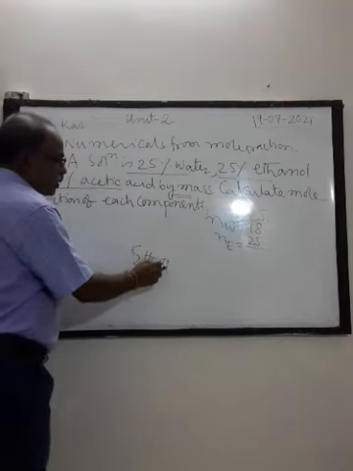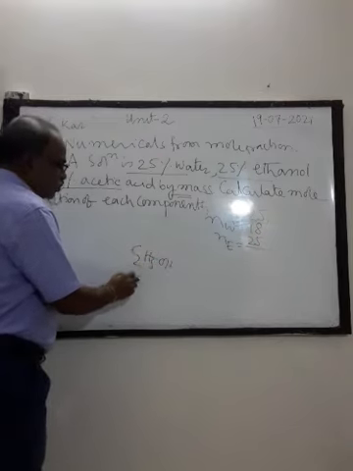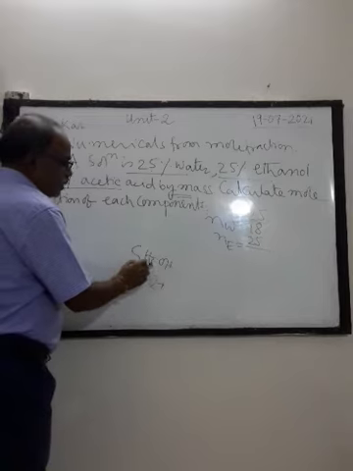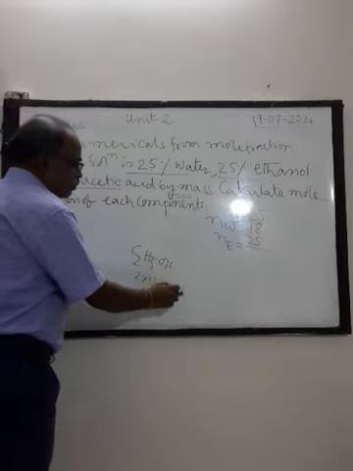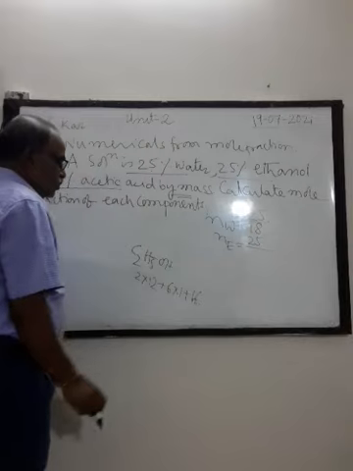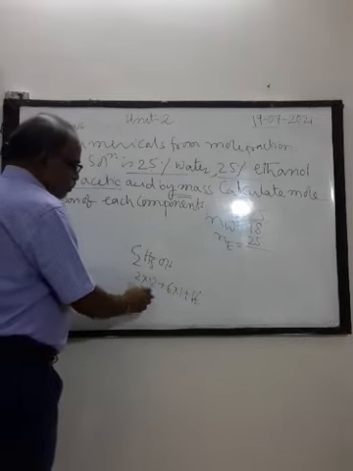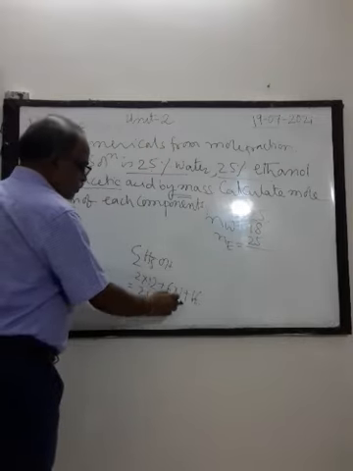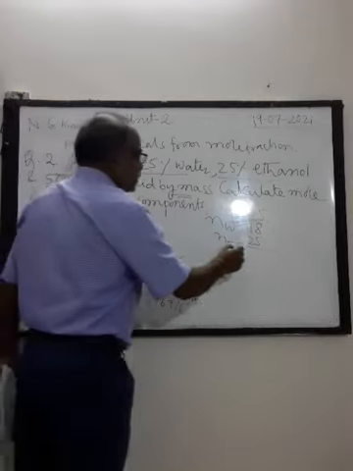This is the formula of ethanol: 2 carbon, 2 into 12, plus 6 hydrogen, 6 into 1, plus 1 oxygen, 16. So 24 plus 6 plus 16, 46.